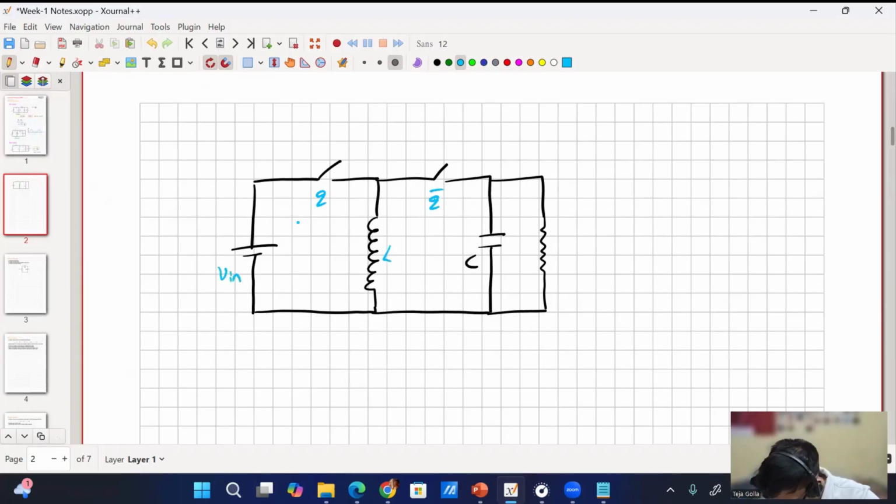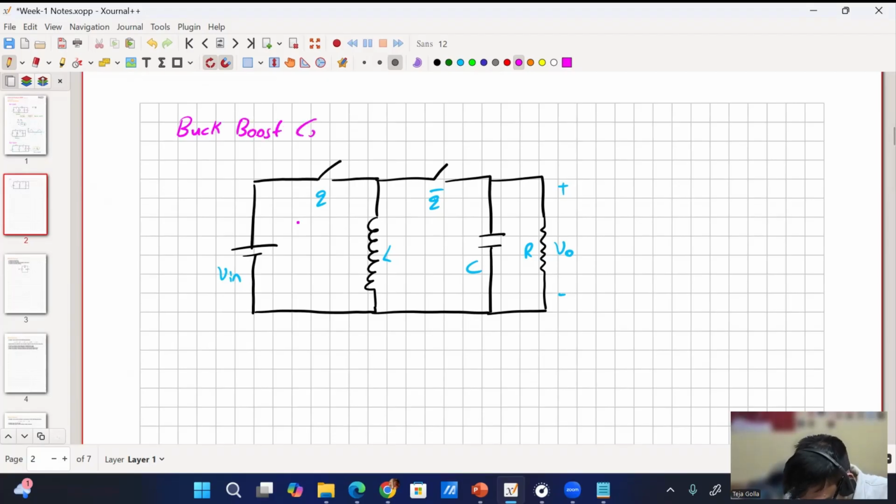Can anyone identify this converter? Buck boost, yeah, very good. Input output relation: V naught by V in equals D by 1 minus D. Are you sure, or are you missing anything? V naught equals D by 1 minus D times Vs.